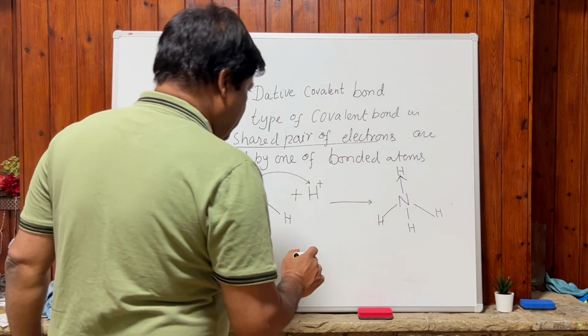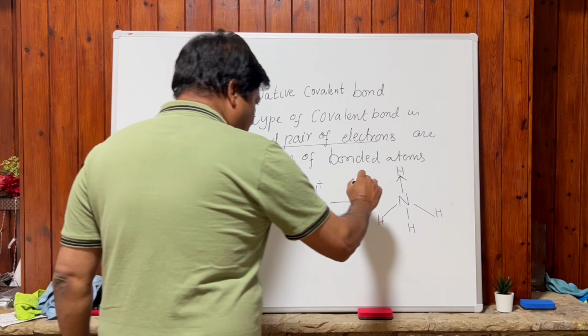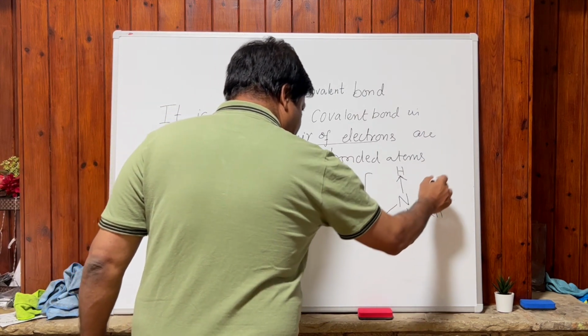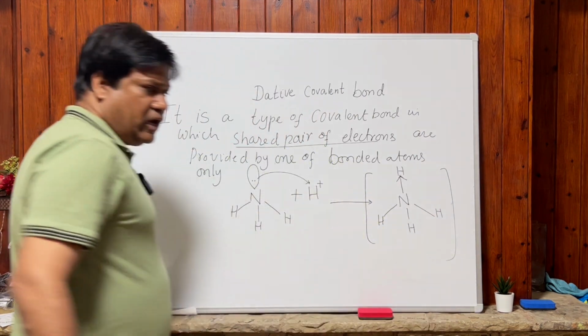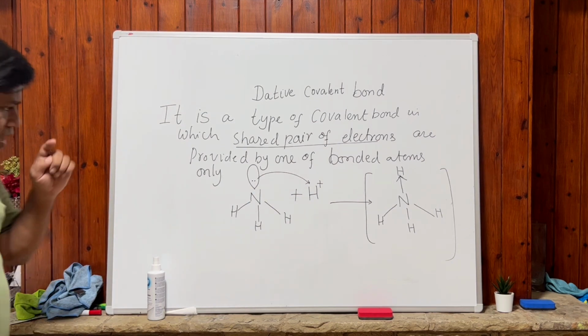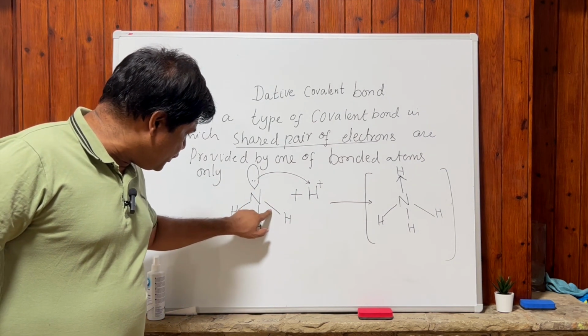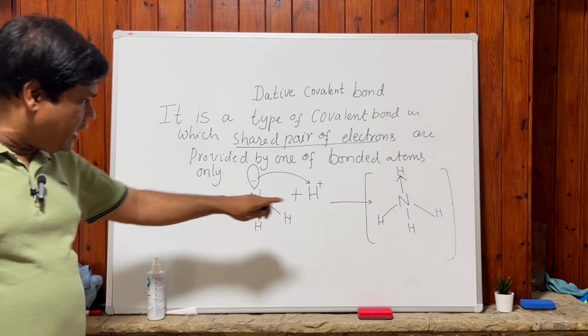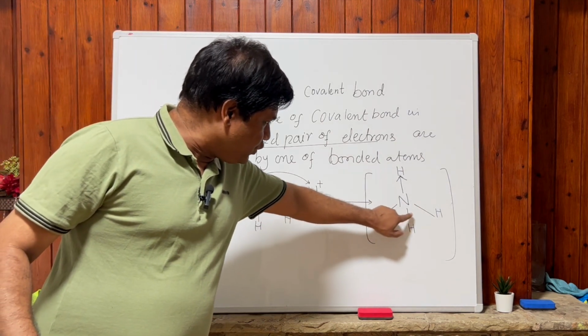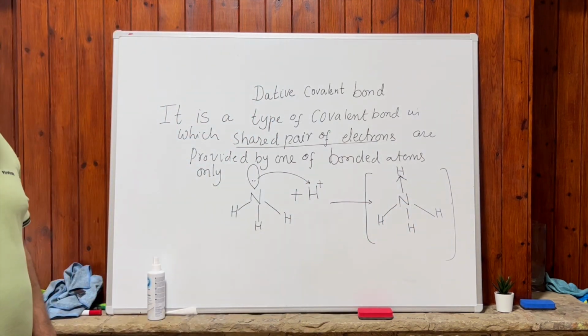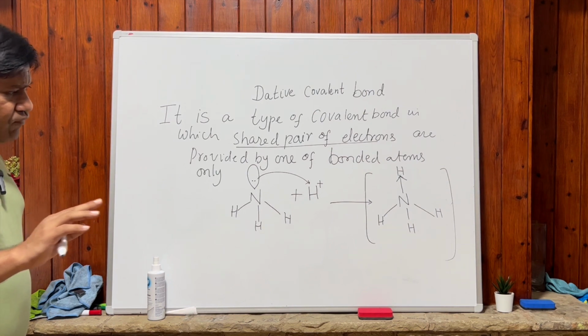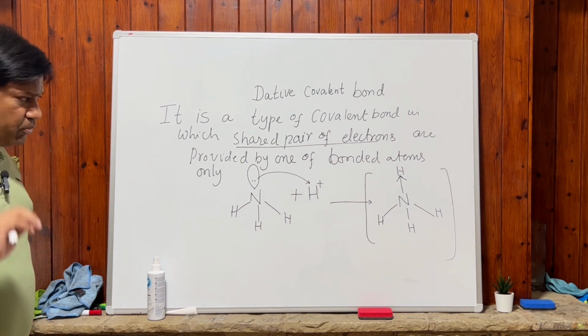So look at that. I missed something. What did I miss? Any guesses? Nitrogen can make 1, 2, 3 bonds. Here nitrogen made 4 bonds: 1, 2, 3, 4. Nitrogen is trivalent. It can make only 3 bonds.